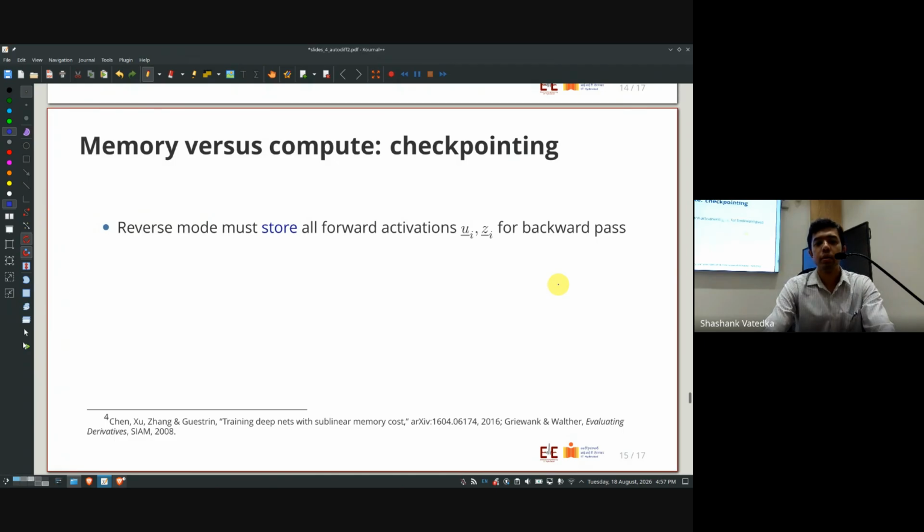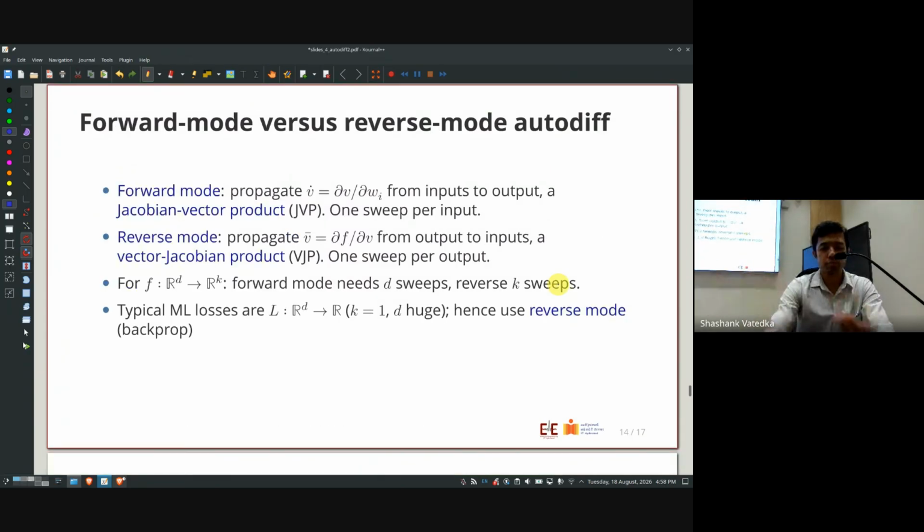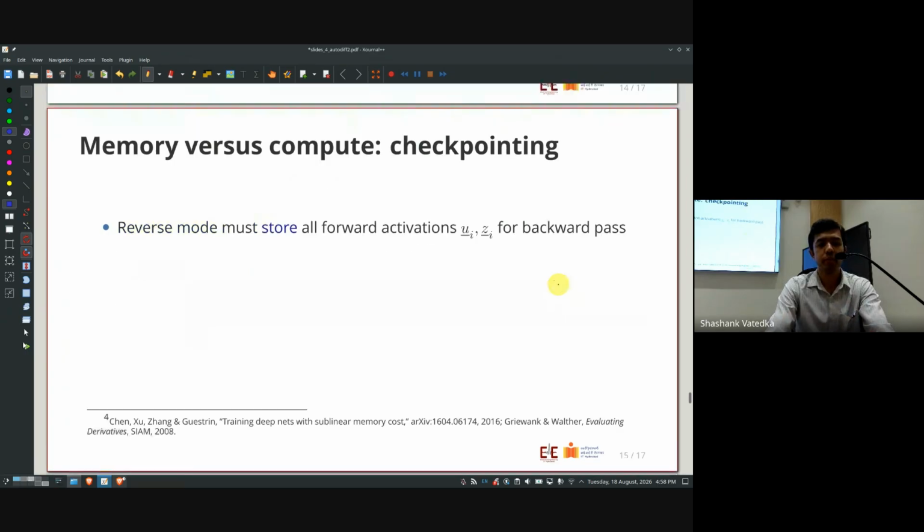Right. So this was all at a very high level about automatic differentiation and backpropagation, but there are some implementational aspects to also be kept in mind. One thing that you would have noted is that this reverse mode must store all of these forward activations and then compute each of these gradients, right?